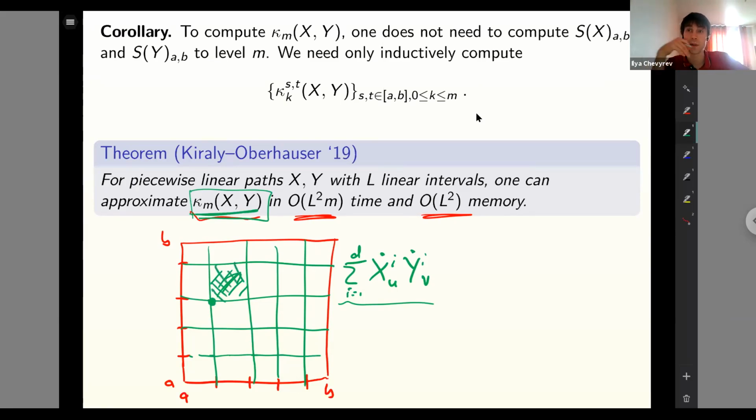So this is how this approximation works, and it's like how you would approximate a two-dimensional integral using a rectangular mesh. So it's not exactly the value of this kernel, but it's very close to it, and you can find an explicit error in the difference. Okay, so this is the way that this approximation works.